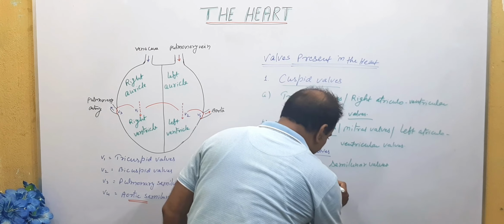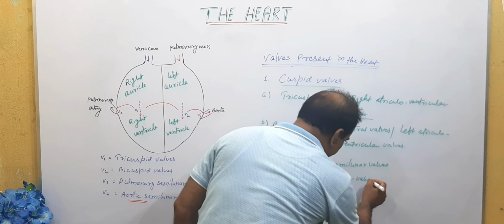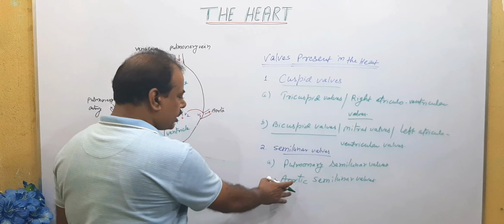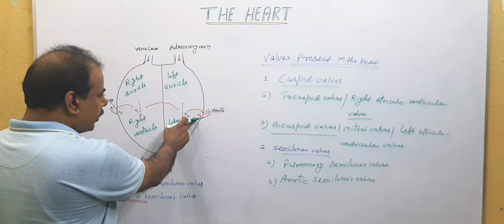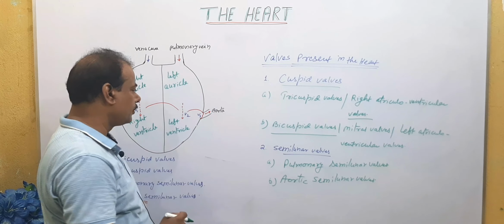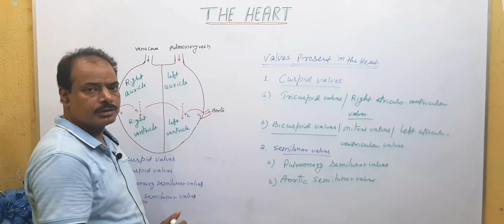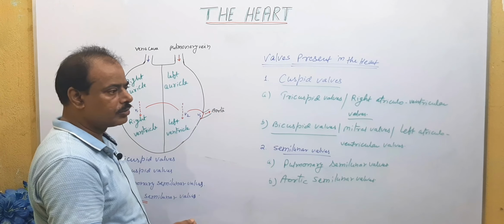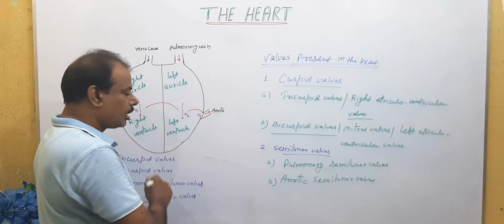semilunar valves. Aortic semilunar valve is located at the mouth or opening of the aorta in the left ventricle. Here it is aorta which supplies oxygenated blood to different parts of the body, and it originates in the left ventricle.